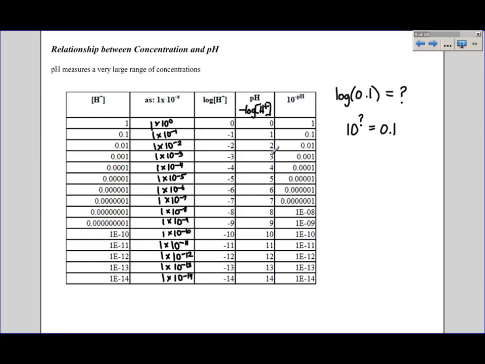Now this covers a really wide range of concentrations, and that's really important to note, because although we might think, oh, we've only moved 1 unit on the pH scale, there's actually a large difference between the concentrations of the H+ ions in the solution. If we move 1 unit on the pH scale, that's a change in concentration of 10 times. So a concentration of 1 mole per liter is 10 times more than a concentration of 0.1.